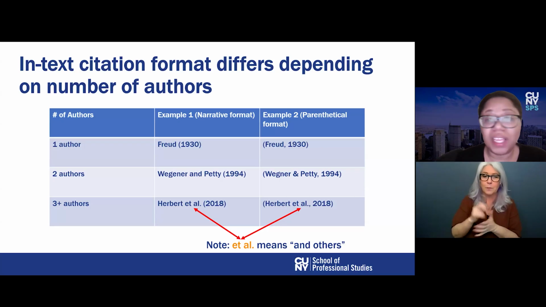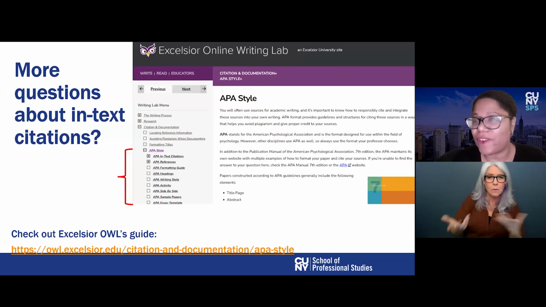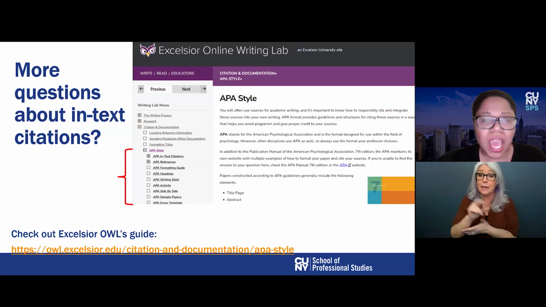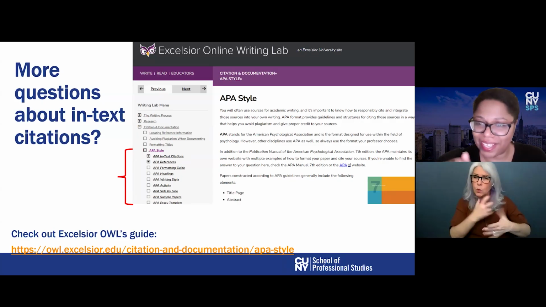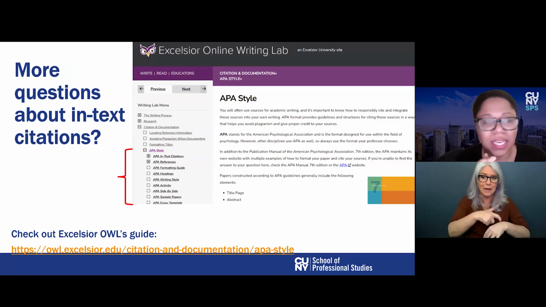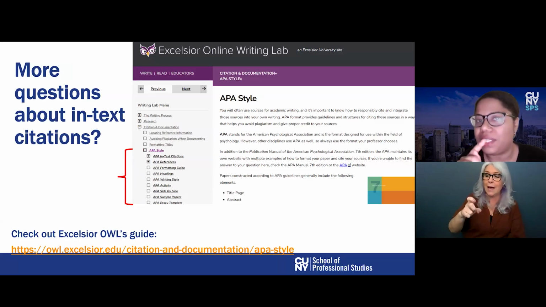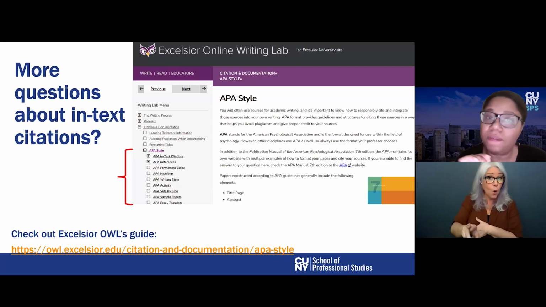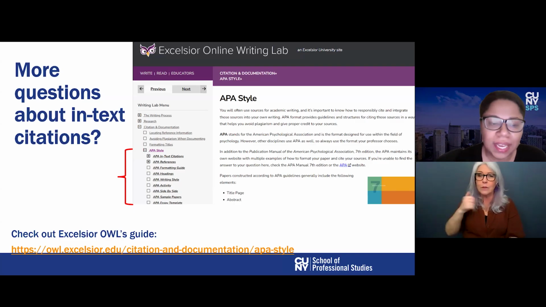So someone earlier asked, what about something like if you're citing a video, something that was said then? Looking at the time, I don't think we're going to have time to go specifically into all of the details, but you can use the Excelsior Online Writing Lab or sometimes the Excelsior OWL. This can provide you with information about how to cite various types of sources.